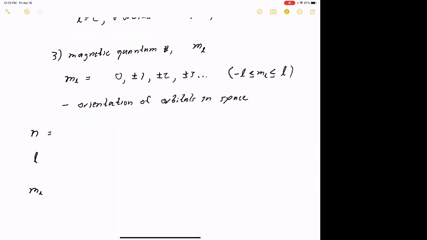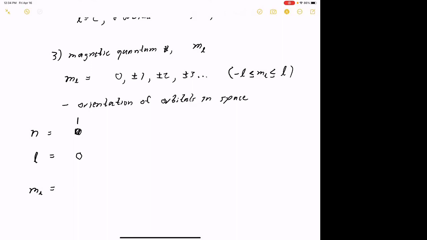If my n is equal to 0, okay, let's work our way down. We found out that if n is equal to 0, L also has to be equal to 0, right? Or sorry, n has to be 1. Sorry about that. I can't have a 0 for n. Okay, so n is equal to 1, L is equal to 0. We did that just above, right? So now, what options do I have for m sub l here?